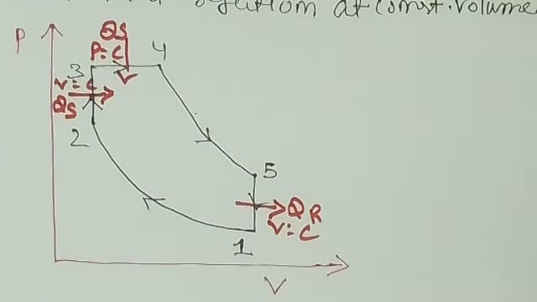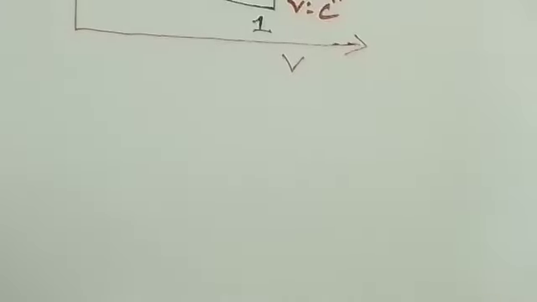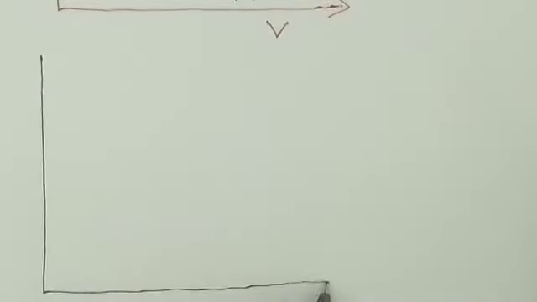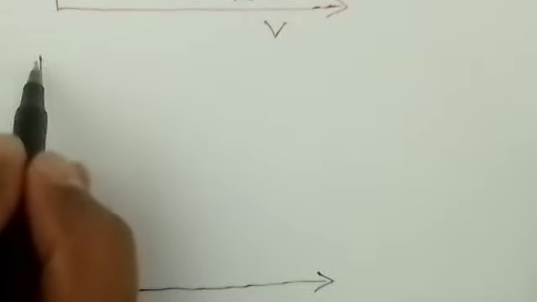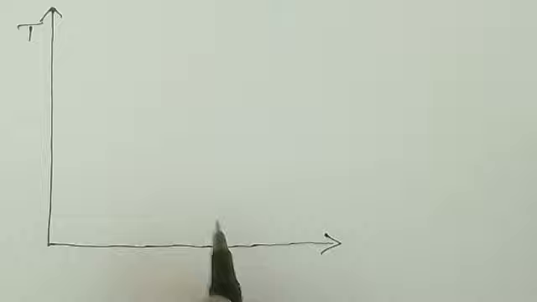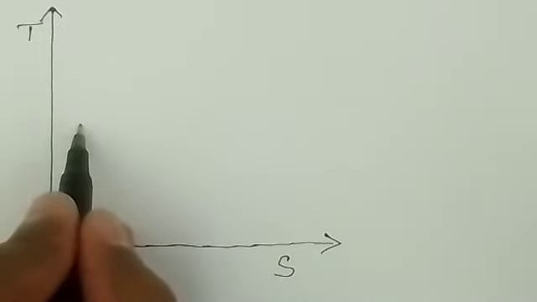Now we will see the TS diagram for the dual cycle or mixed cycle, that is temperature versus entropy diagram. So here you have a temperature versus entropy diagram on your screen, right? So first you take the temperature on the y-axis and the entropy on the x-axis. So first you have adiabatic compression, right?